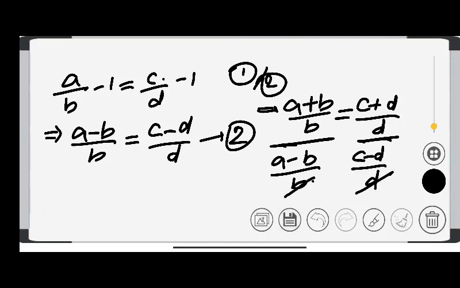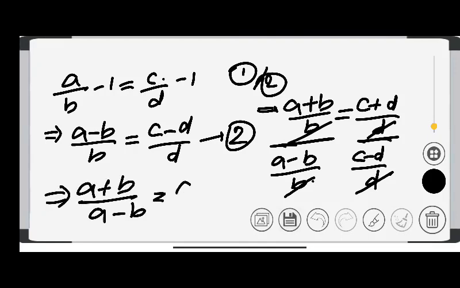Dividing both, I got the resultant: a plus b upon a minus b is equal to c plus d upon c minus d. Hence the resultant is proved.